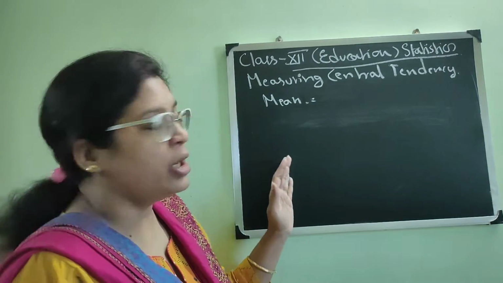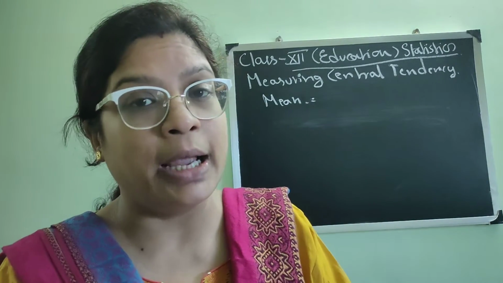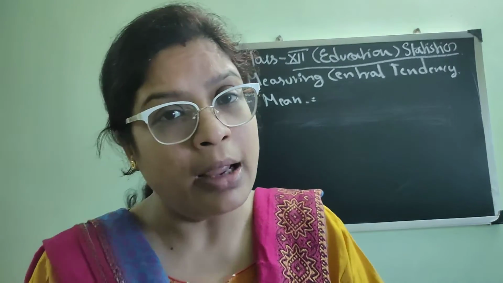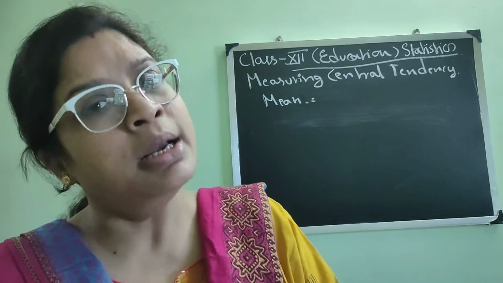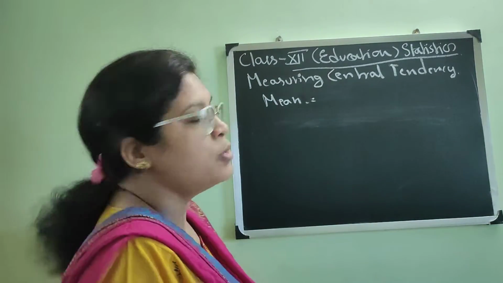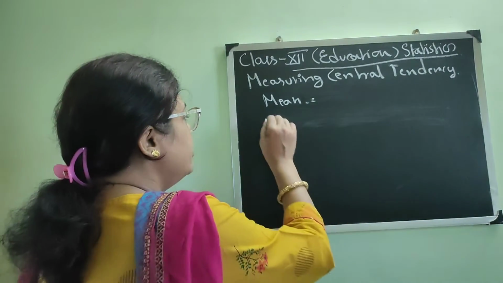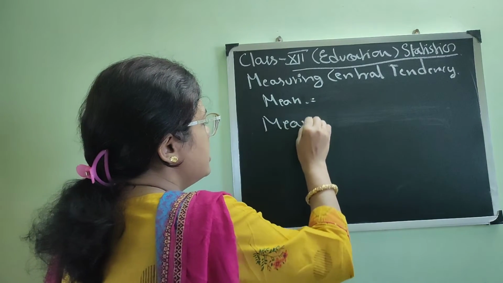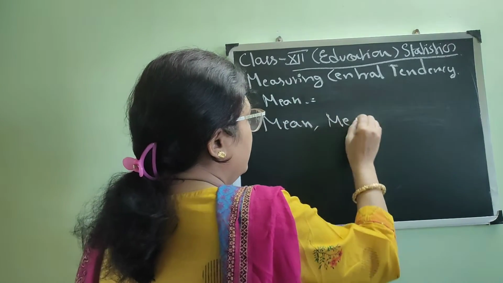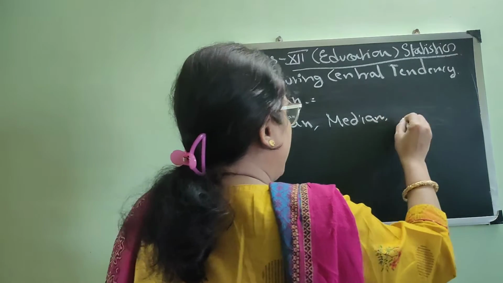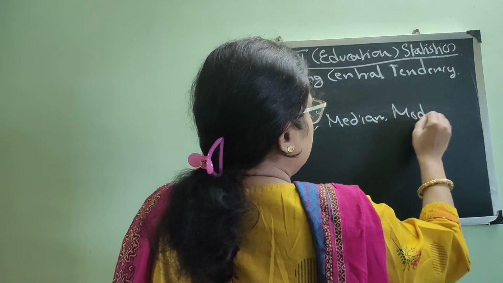Now, there are three different ways through which we can measure central tendency: mean, median and mode.